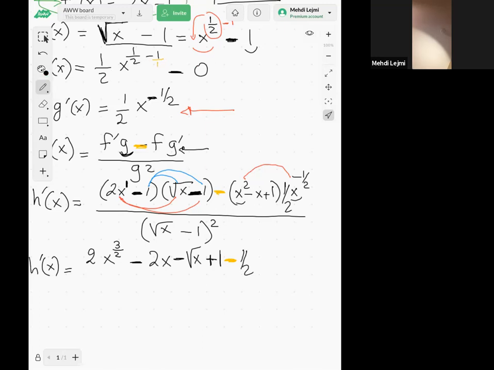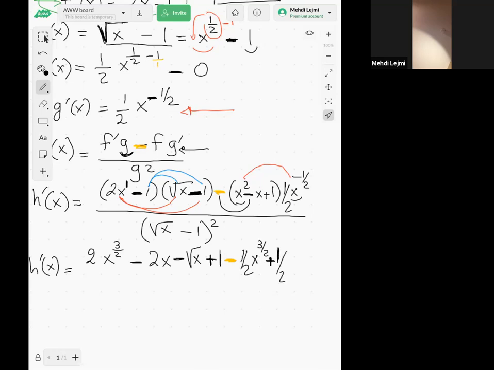Two x squared times x to the negative half, so that would be x to the power 2 minus half, that will be 3/2. And then we have a minus. Just be careful, distribute the sign: minus, minus, that will be a plus. So it's a plus half.